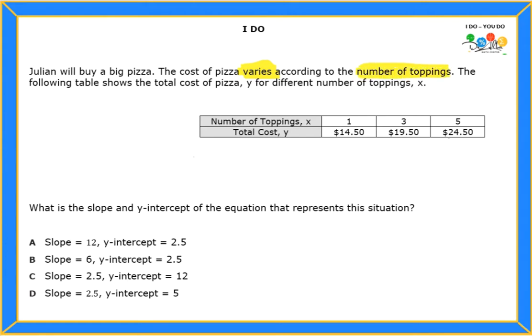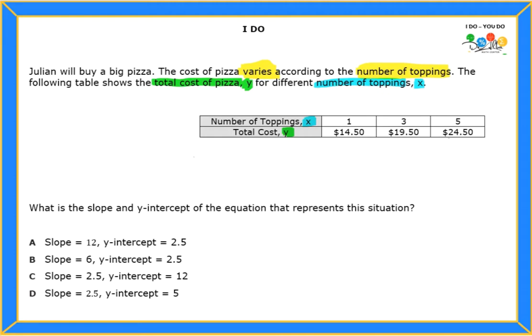Very good. Okay, what else do I know? Well, it's actually telling you that the total cost of the pizza will be represented with a Y, which is right here, right? And that the number of toppings will be represented with X.